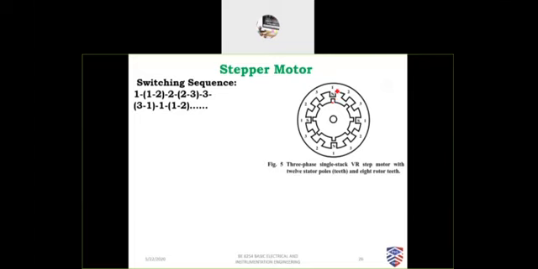Now 1 and 2 are switched, this will move here. 2 is switched, this will move here. Then 2 and 3 are switched, this will move here like that.